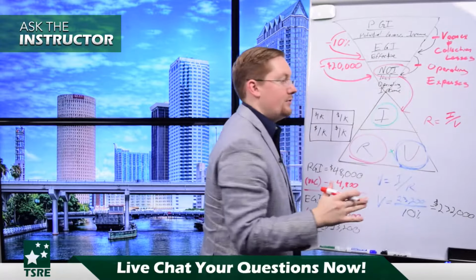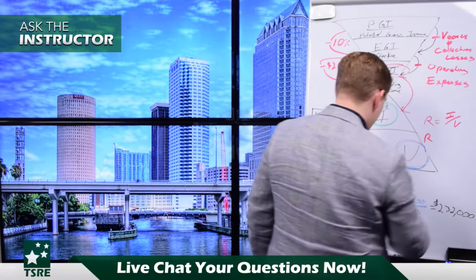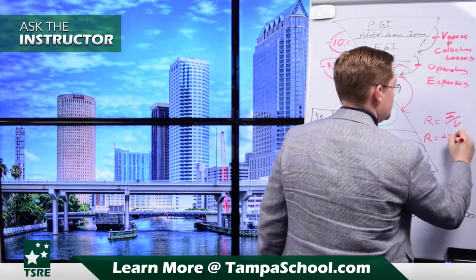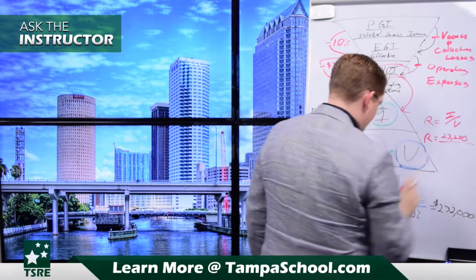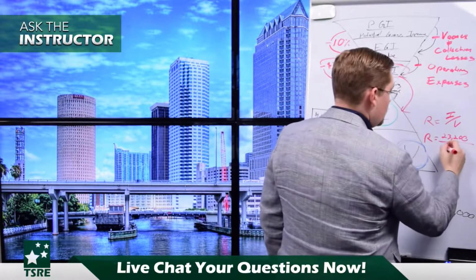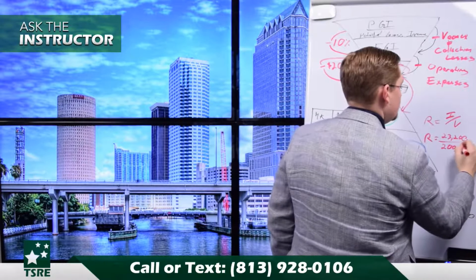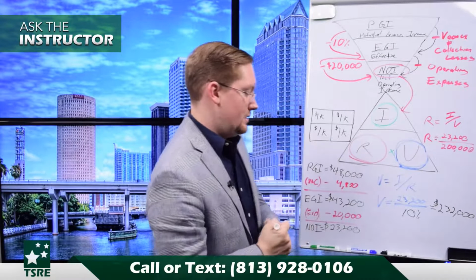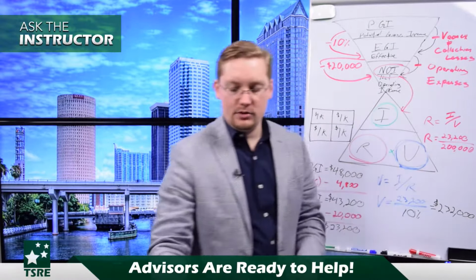So what would be the rate of return with our same income, our same $23,200, but now our value is going to be $200,000? Because again, we're looking at offering $200,000 for this property and we want to find out what our rate of return would be.